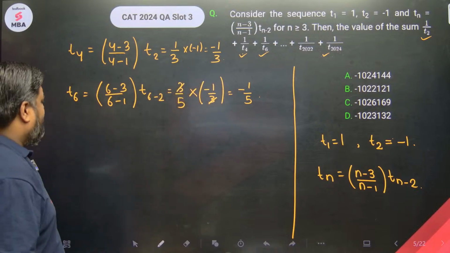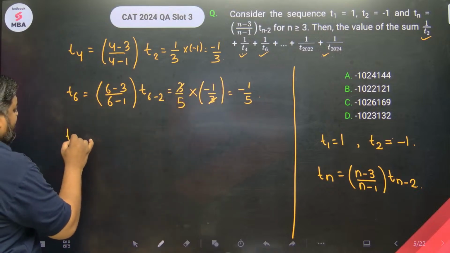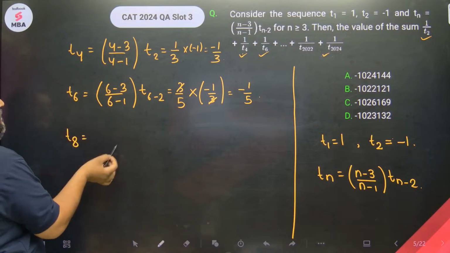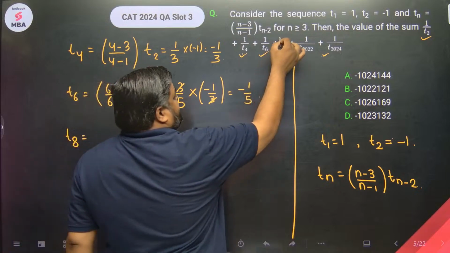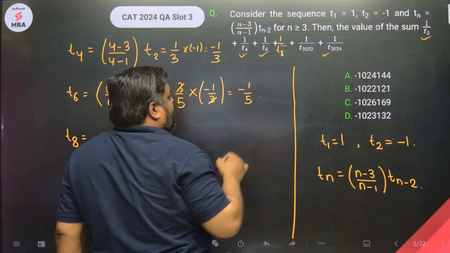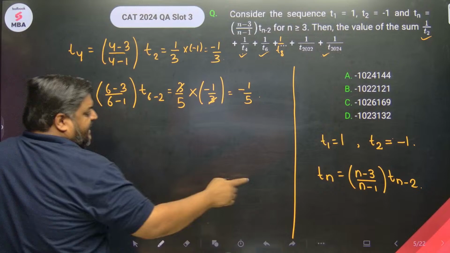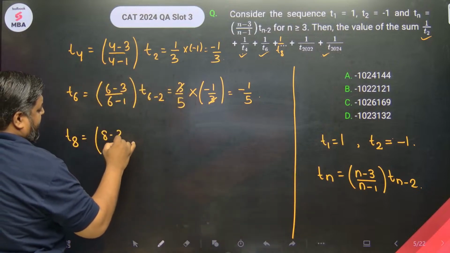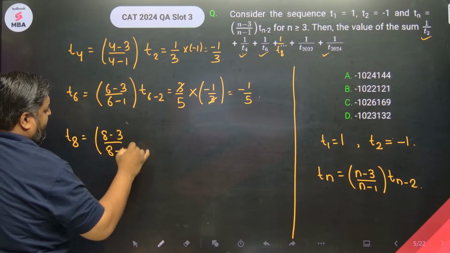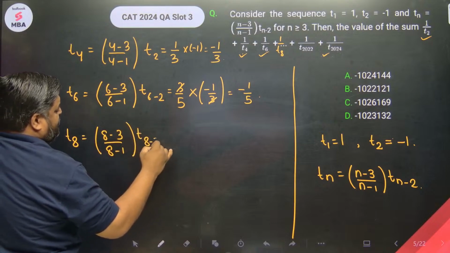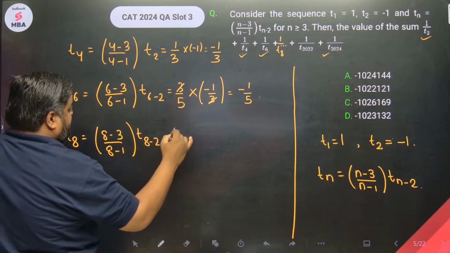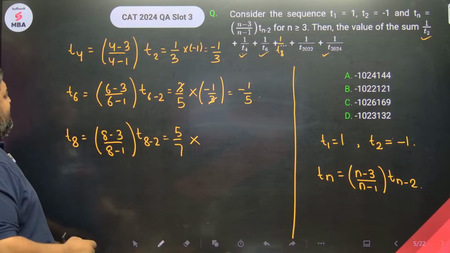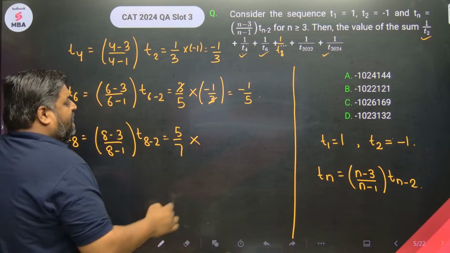Can we see the pattern? एक और करते हैं. Let's find out T8 as well. हालांकि it is not required अगर आपको pattern दिख रहा है तो. But let's try to find out T8 as well. Put n as 8. What we will get? We will get (8 minus 3) upon (8 minus 1) times T(8 minus 2). So this is 5 upon 7 multiplied by T6. And what is T6?